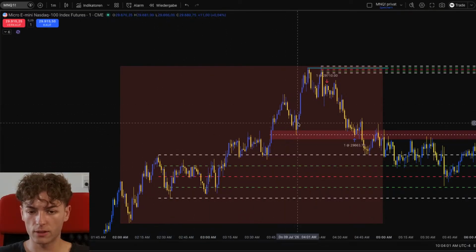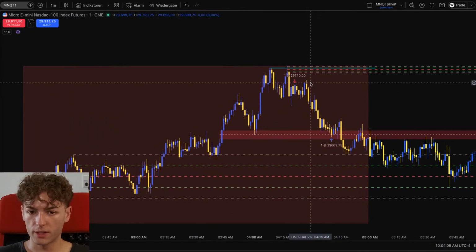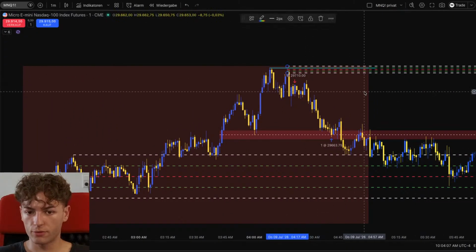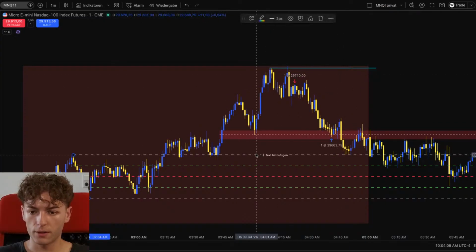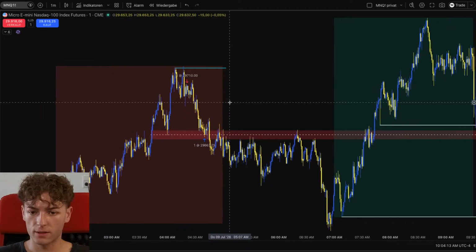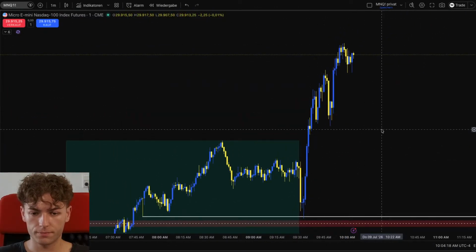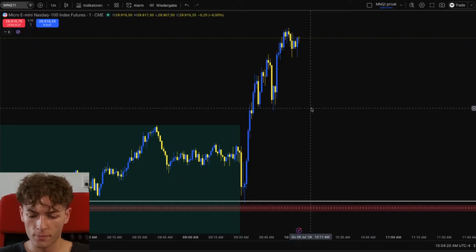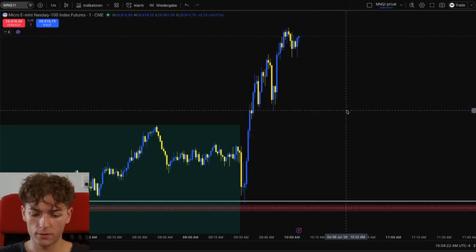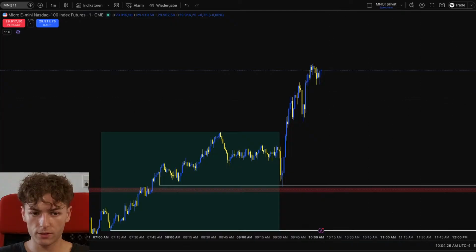And usually I don't want to do that, but that's why I did half risk. Beautiful trade, and that was just trading intraday liquidity. I hope that helped you guys understand what I was looking for, why I took that trade.